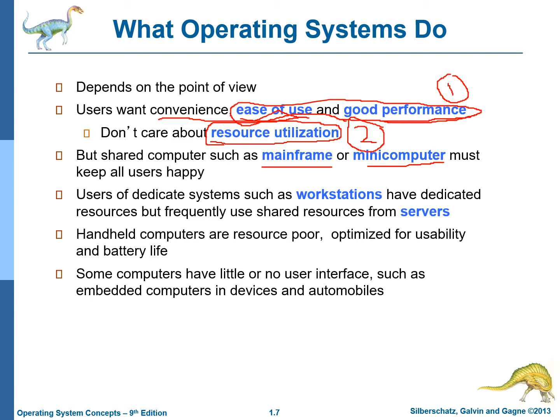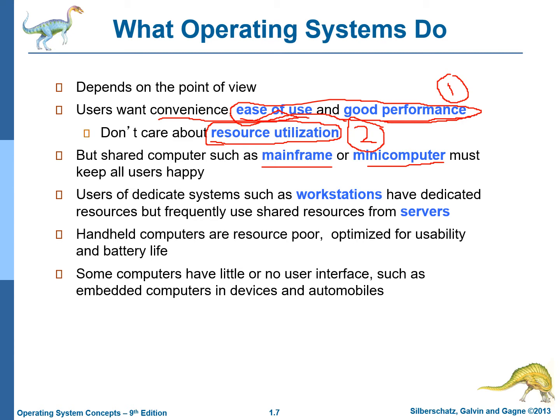The operating systems running in these mainframe computers will ensure the effective utilization of resources, because here you have multiple users and you have to satisfy all the users. Whereas in the first case, if the operating system is running in a single PC or in a single laptop, we have only one user and you have to satisfy only that user.